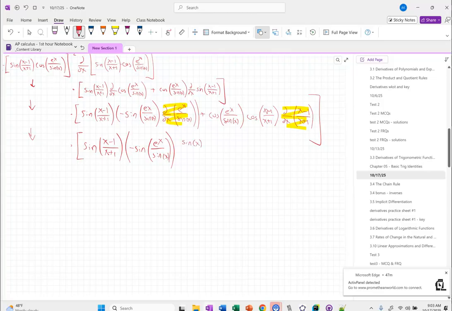Bottom times the derivative of the top minus top times the derivative of the bottom over bottom squared.